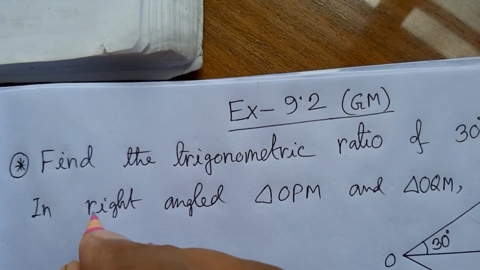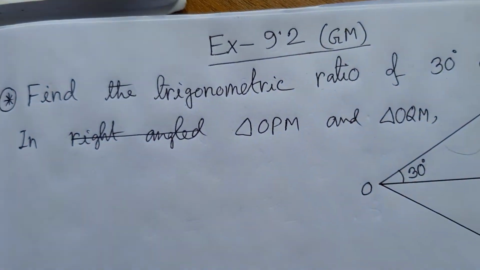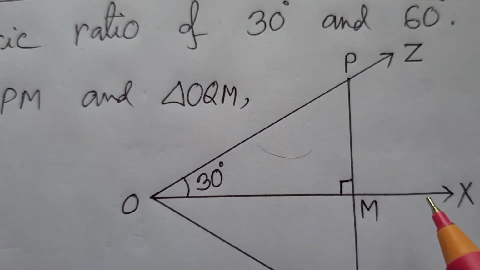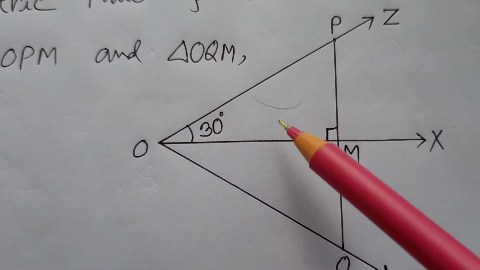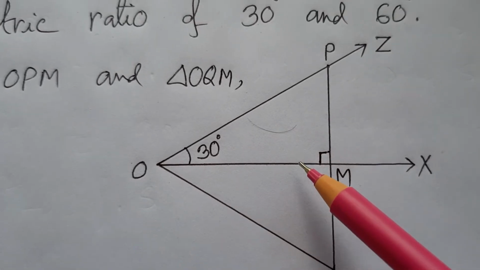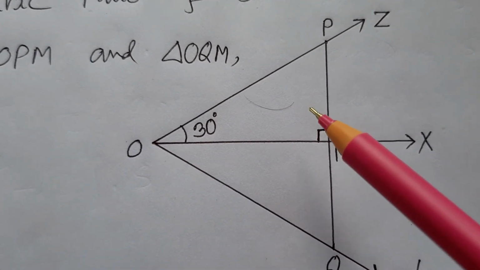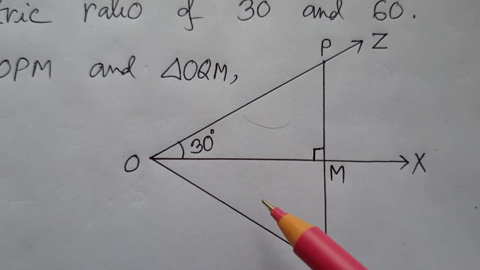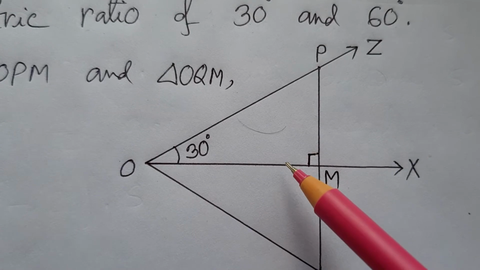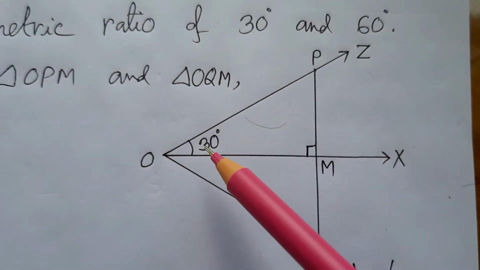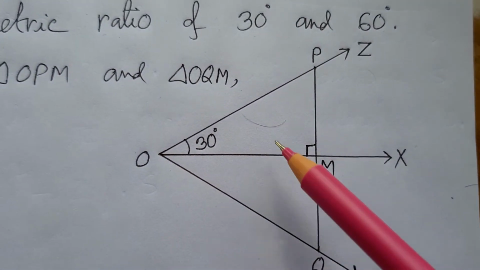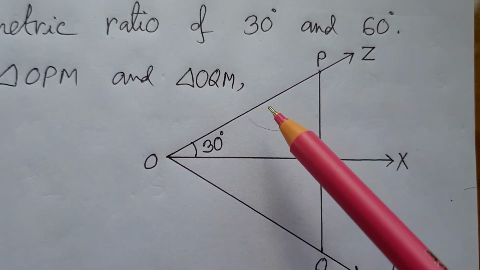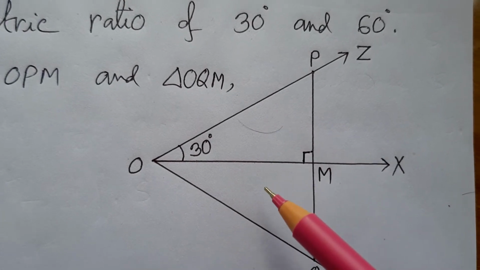Sorry, here we cannot use the right angle triangle rule, because we know if two right angle triangles are congruent, we need the two hypotenuses to be equal and one other side equal. In these two figures you can see the hypotenuses OP and OQ, but there is no proof that OP and OQ are equal. So we are not able to use these properties.